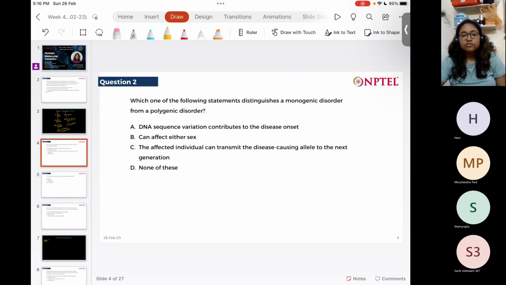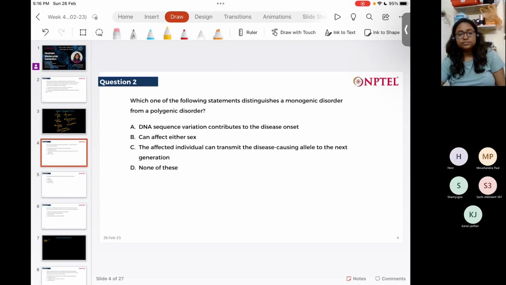Option 2, can affect either sex. Option 3, the affected individual can transmit the disease-causing allele to the next generation. And the last option is none of these. Which of these options actually distinguishes monogenic disorder from a polygenic disorder?